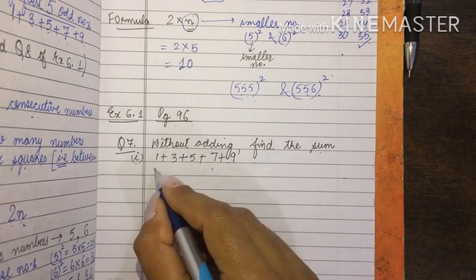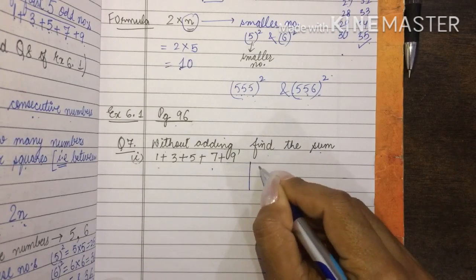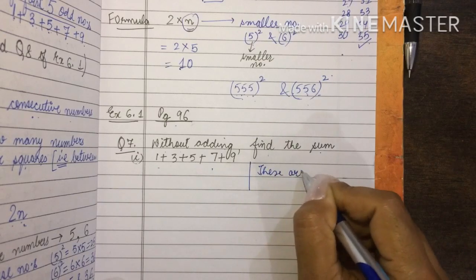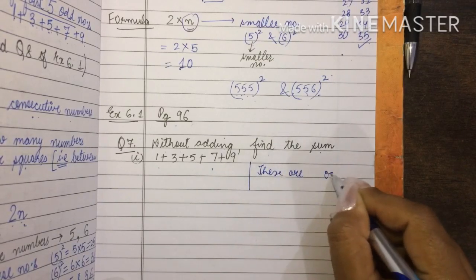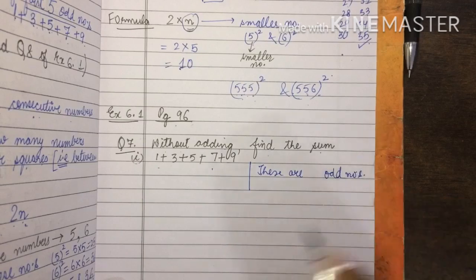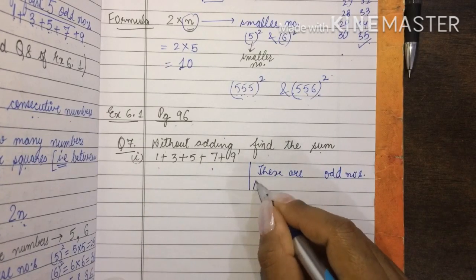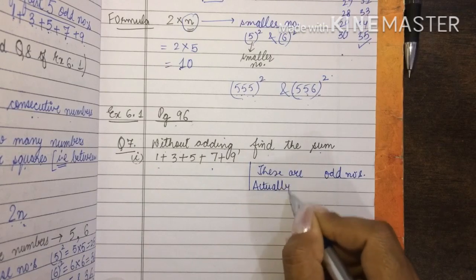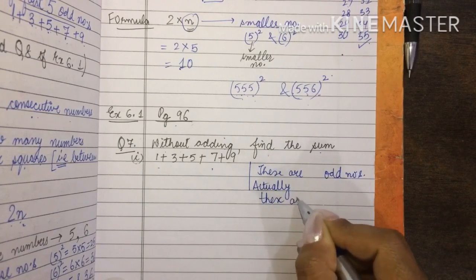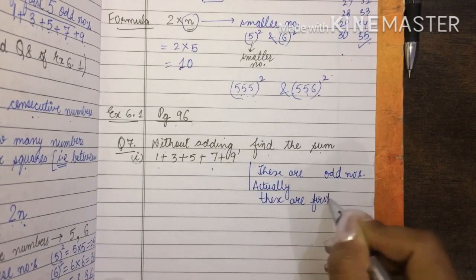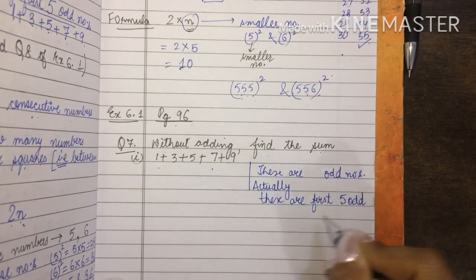If you look closely, what you observe here is that all of these are odd numbers, and actually these are the first 5 odd numbers.